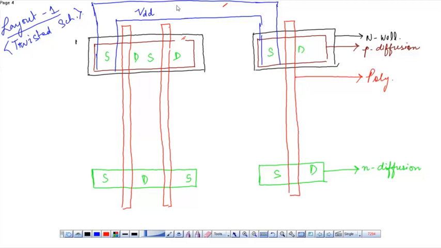And as we know, there are some contacts placed over here. These are the N substrate contacts. This is the metal layer. Similarly, we have a contact over here.